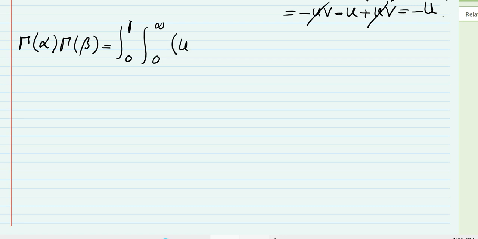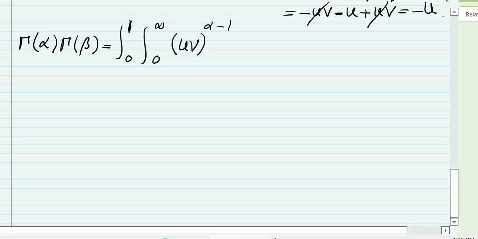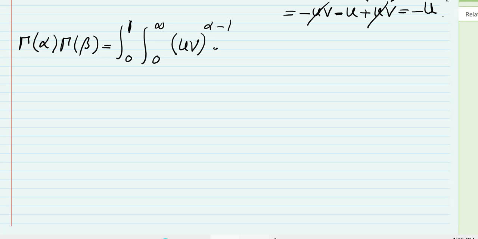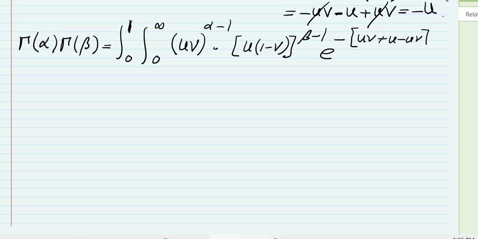Replacing x with our transformed variable, uv to the alpha minus 1, and then times y to the beta minus 1, where y is u times 1 minus v, to the beta minus 1, times e to the negative x plus y. Here's negative x, and then I'm going to add y to it, which is u minus uv.